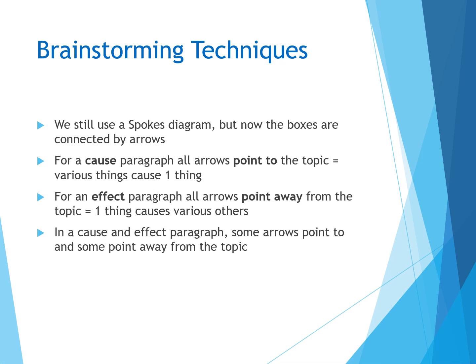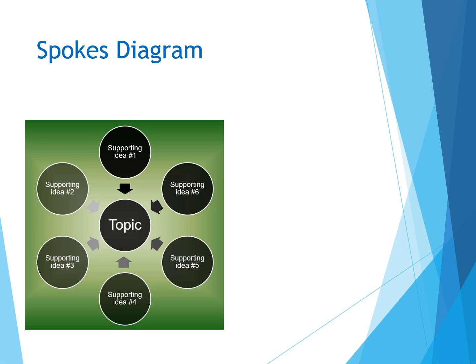So the one thing causes various effects. And then in some cause and effect paragraphs, some arrows point to and some point away from the topic. So for example, this is what it would look like if you were focusing on all the causes of a specific effect.